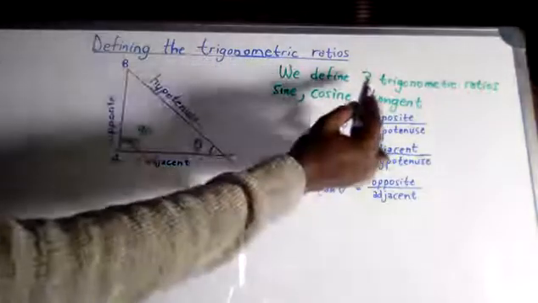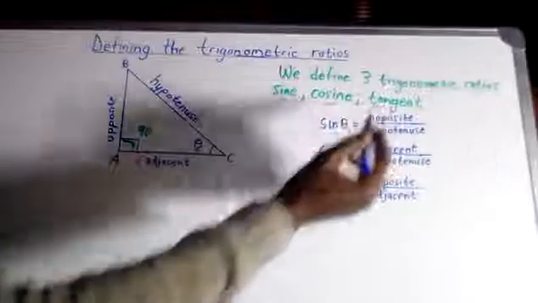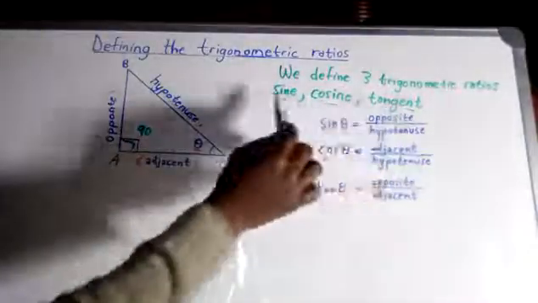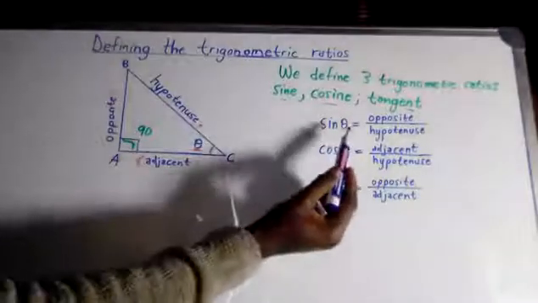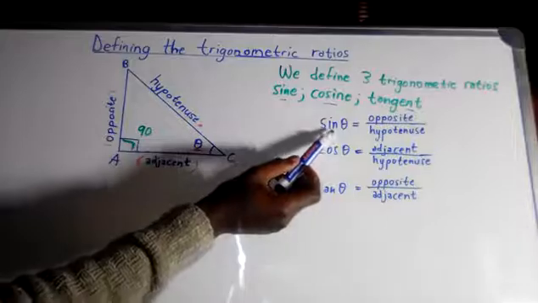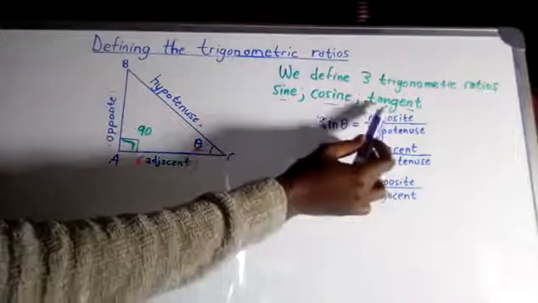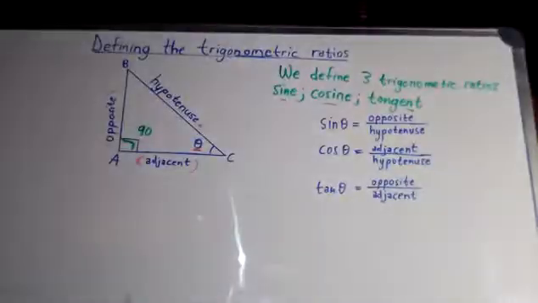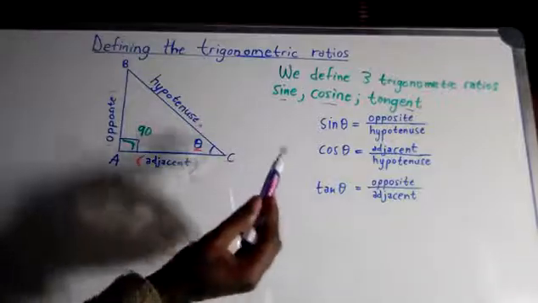We define three trigonometric ratios: sine, cosine, and tangent. These are the full names, but we're going to be using short names to describe them. For sine, we use sin. For cosine, we use cos. For tangent, we use tan. Now, we are focusing on the angle theta.